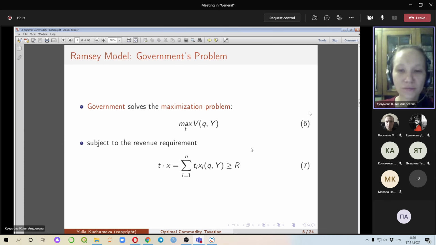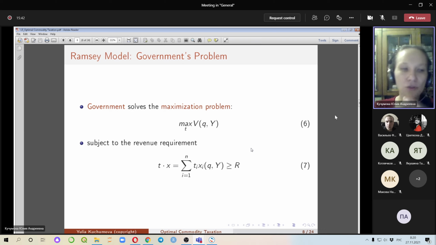It's better to call it revenue, R. But it's some exogenous revenue requirement based on considerations from the expenditure side.